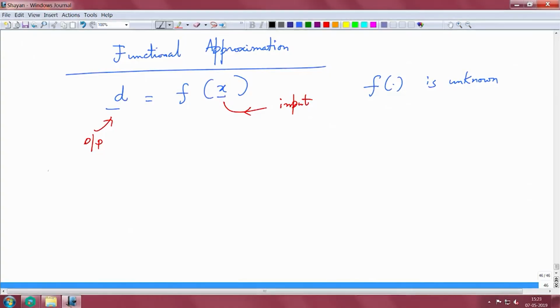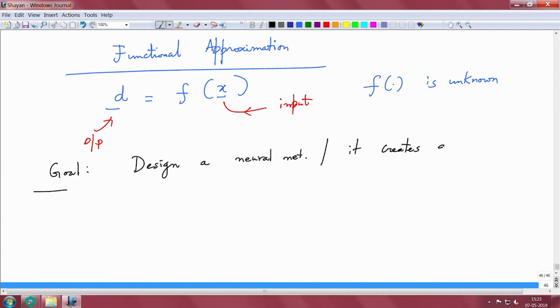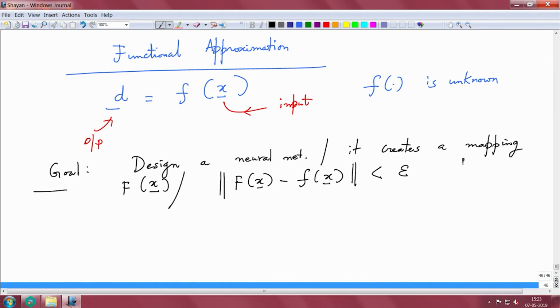The goal of this problem is as follows: design a neural net such that it creates a mapping, I call it capital F of x, such that under some norm measure capital F of x minus small f of x is within epsilon for all x.